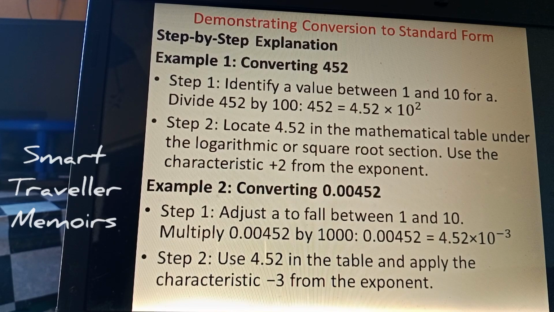Example 2, converting 0.00452, you adjust to fall between 1 and 10. You see that number is very small. So we adjust it and we move the decimal point towards the right, 1, 2, 3. And that direction is negative, so that you have 4.52 times 10 to negative 3.